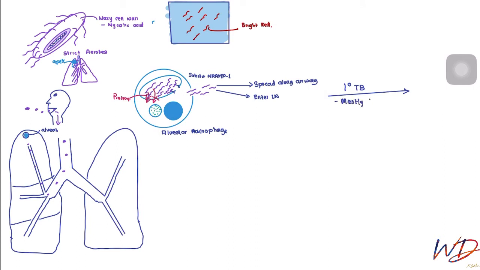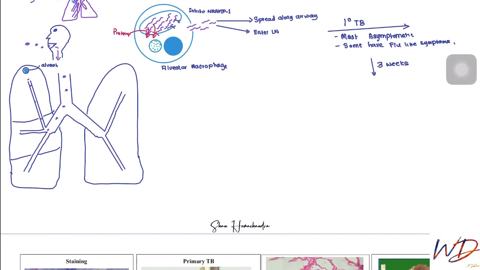Mostly asymptomatic. And some have flu-like symptoms. So this is going to progress till 3 weeks, when cell-mediated immunity comes.